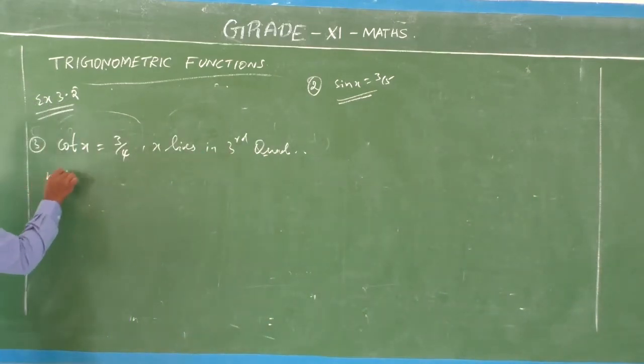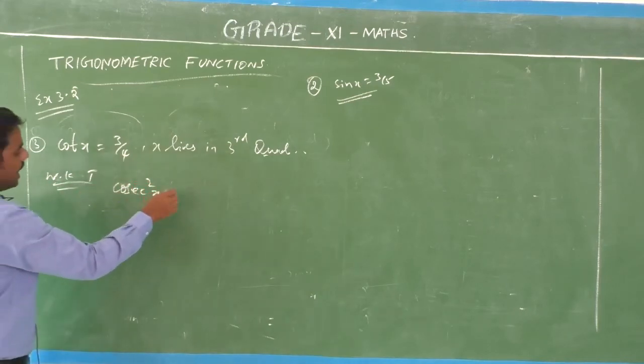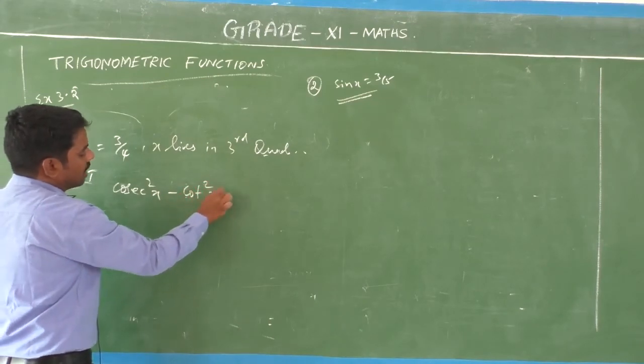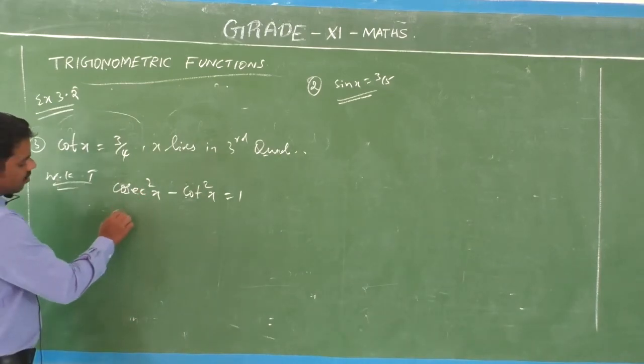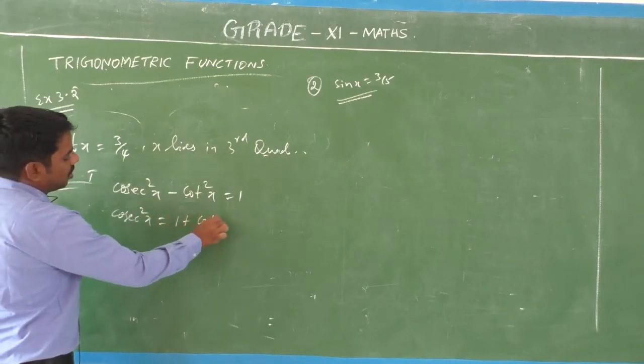You know that cosecant squared x minus cot squared x equal to 1. This is written as cosecant squared x is equal to 1 plus cot squared x.